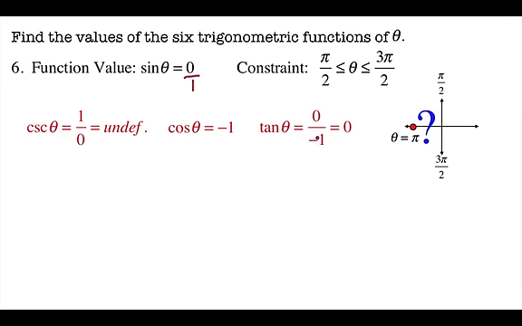Tangent of theta is 0 over negative 1. Again, it is sine over cosine. That's how we get this. Secant, reciprocal of this. Cotangent, reciprocal of tangent, and that's how we get, I forgot the equal sign here, equals undefined.